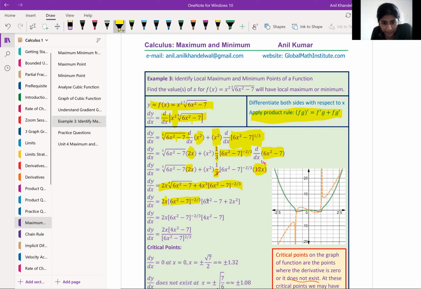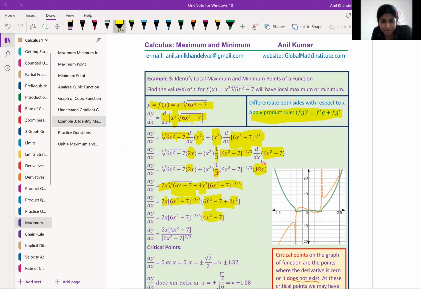Then you multiply that by 6x squared minus 7, because when you multiply them out, you get cube root 6x squared minus 7. Yes. And then you add 2x squared because we need 4x cubed. Correct. Cool. And then, what did you do? Just simplify this portion. Nothing.